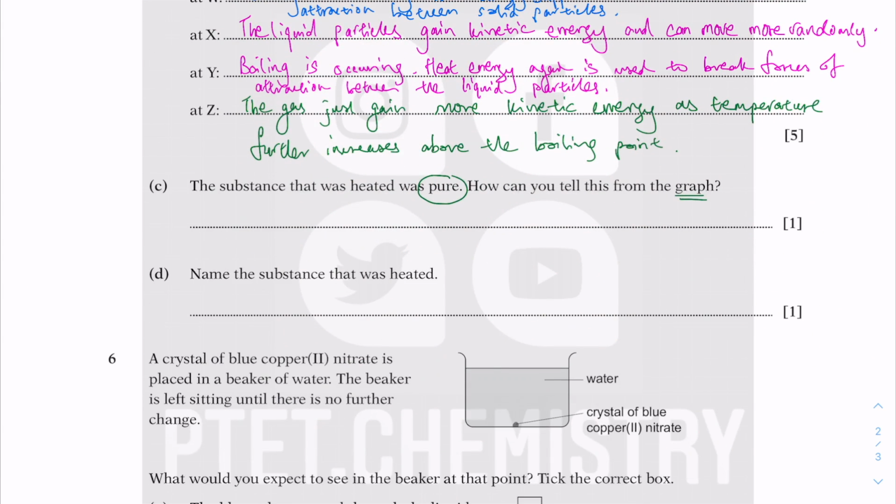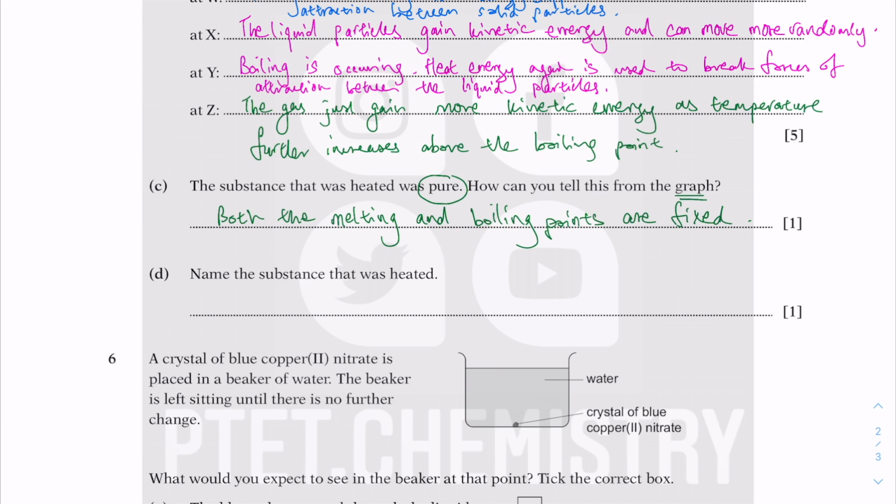So both the melting and the boiling points are fixed. Or you can say a pure substance will have a fixed melting and boiling point.